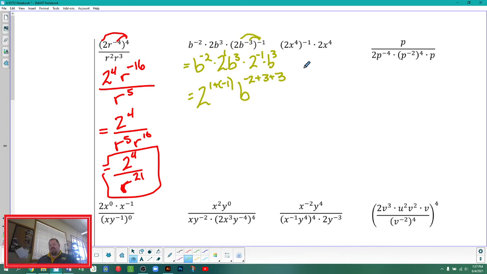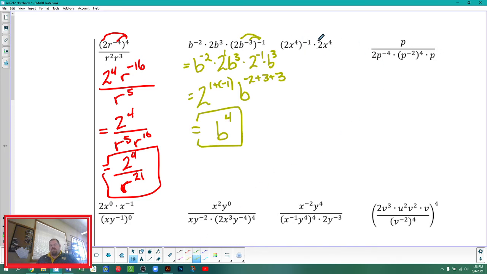Typically, I say the negative exponent rule is one of the last things that I do when I actually get left with a negative exponent. 1 plus negative 1 is 0, so this is 2 to the 0 power, so it's 1. I'm not even going to write it. B, I have negative 2 plus 3 is 1, plus 3 is 4. B to the 4th power.